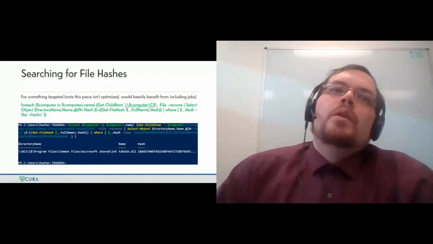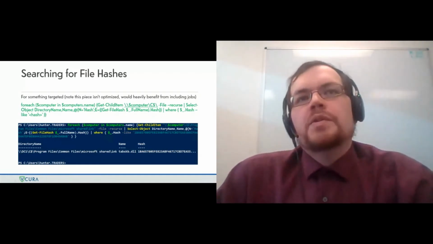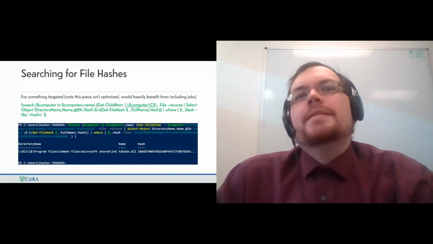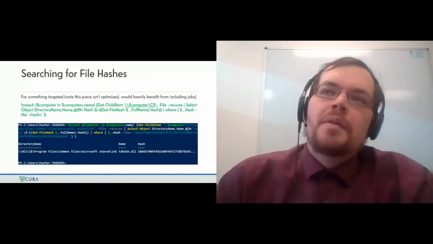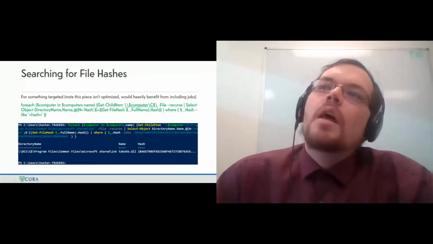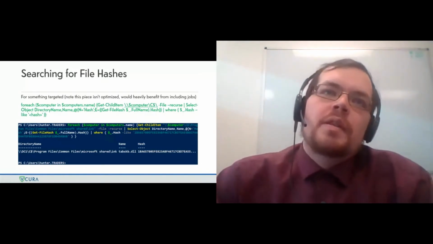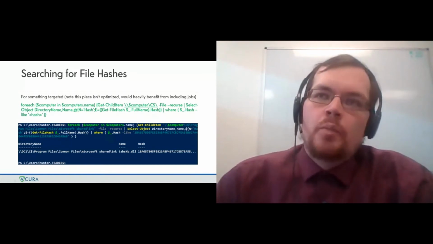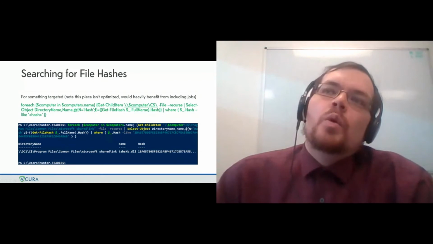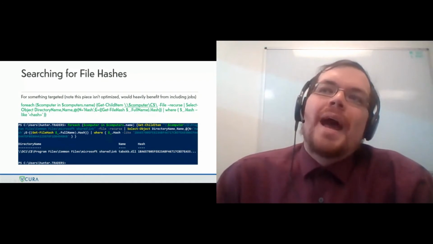So going a bit in depth, we're doing a for each loop. So every computer that is in our target list, we're going to go to a specific drive as delineated by the path for Get-ChildItem. We are going to select out the directory name, the name, and we are going to generate the hash as we did in our previous example. And then we're going to pipe all of that output, and we're going to say where the hash, and once again, you'll note that we're using the pipeline variable.